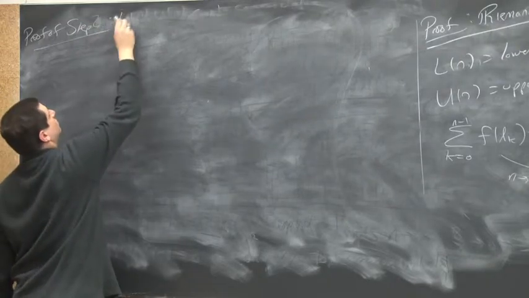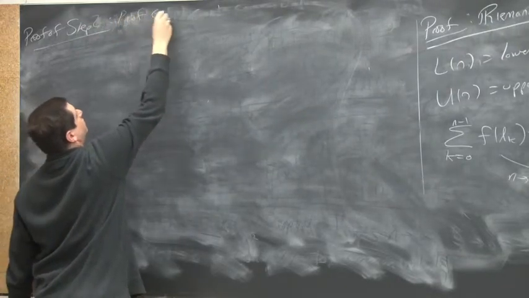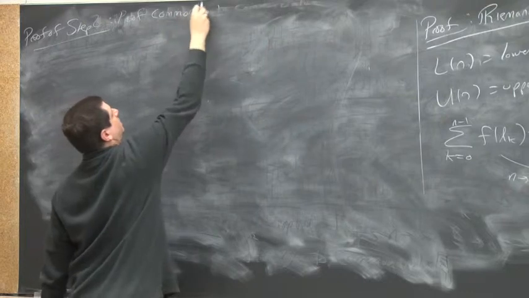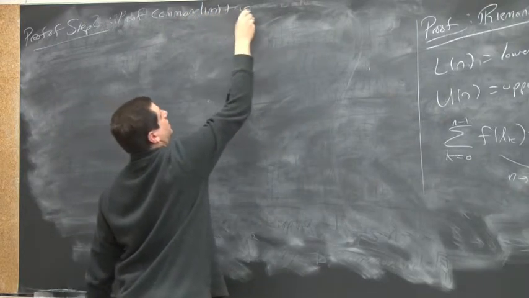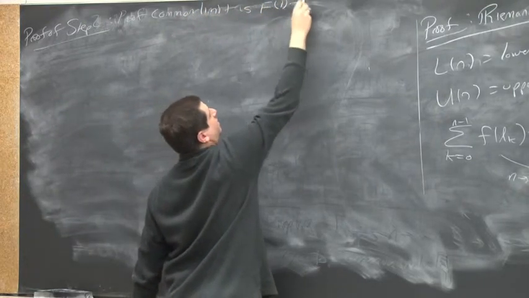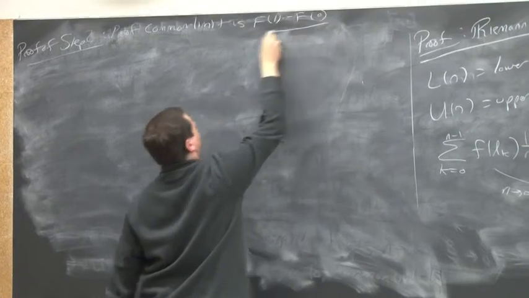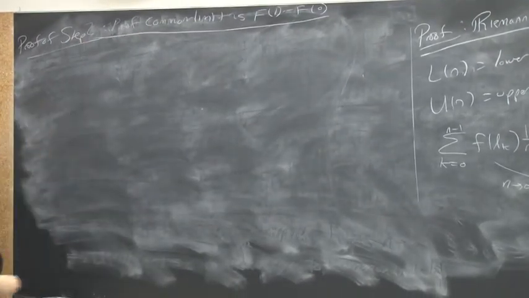Step 2, proof: the common limit is big F of 1 minus big F of 0. All right.